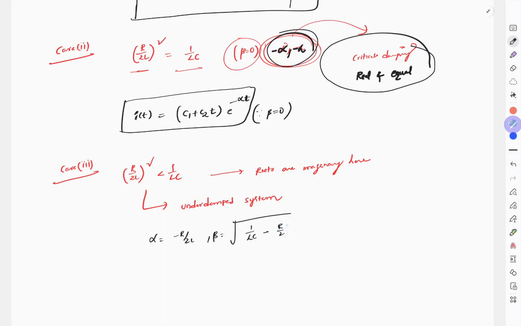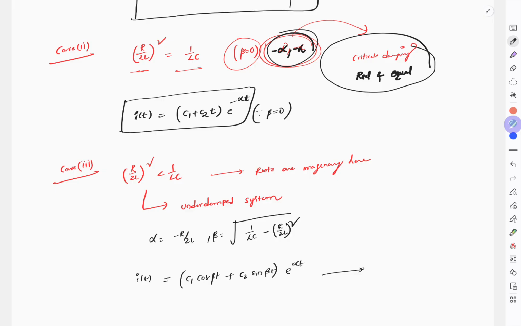So how can you write the overall formula when roots are imaginary? Then you can write C1 cos beta t plus C2 sin beta t, times e power alpha t.